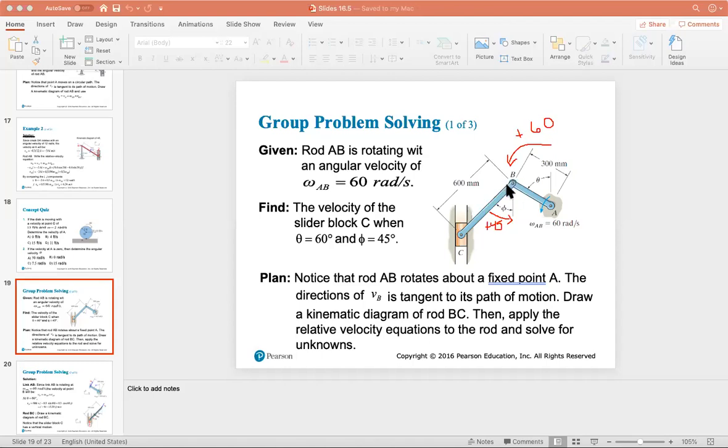So if you're confident with that, you could just jump right to point B and say that I'm going to use that as my basis point. And then because point C can only move in the y direction, you could do the analysis from there. So you could make B your basis point if you already knew enough to work out its velocity.